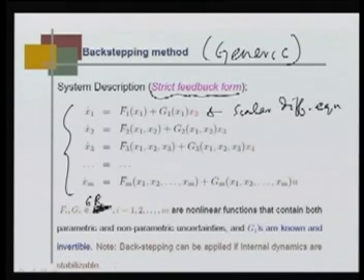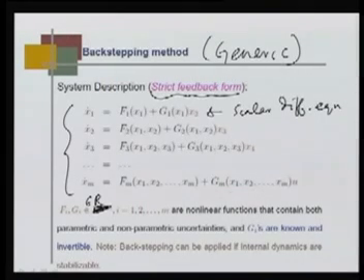Note, backstepping can be applied if the internal dynamics are stabilizable. That is, if each individual subsystem is stabilizable, then we can design a backstepping control for this particular form, which is called strict feedback form.